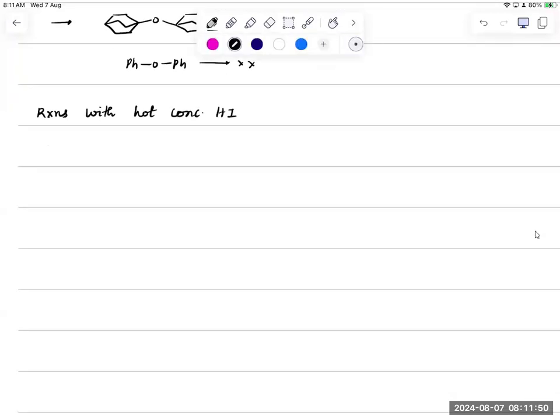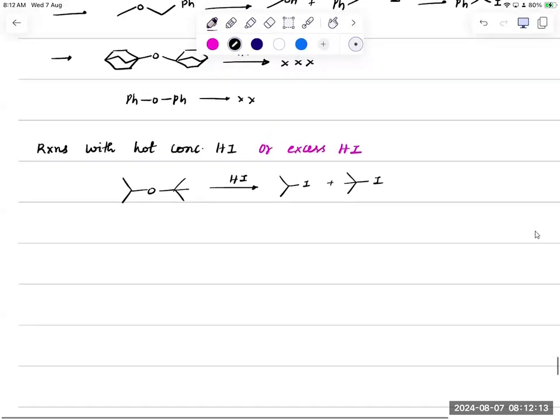Sometimes the same terminology is also given as excess HI, which means whatever alcohol is forming will also further convert into iodide. So we can see this one will become iodide and this one will also become iodide. That's it. This is with hot concentrated cases.